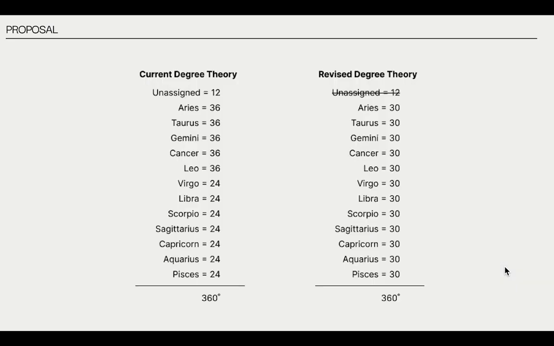And with that new application, we can see a revised allocation of how many degrees each zodiac sign rules. So in the revised theory, we're getting rid of all of the unassigned 0 degrees, and we're counting those 0 degrees and making sure they get a zodiacal ruler. And with that change and revision, each zodiac sign gets an equal number of degrees.